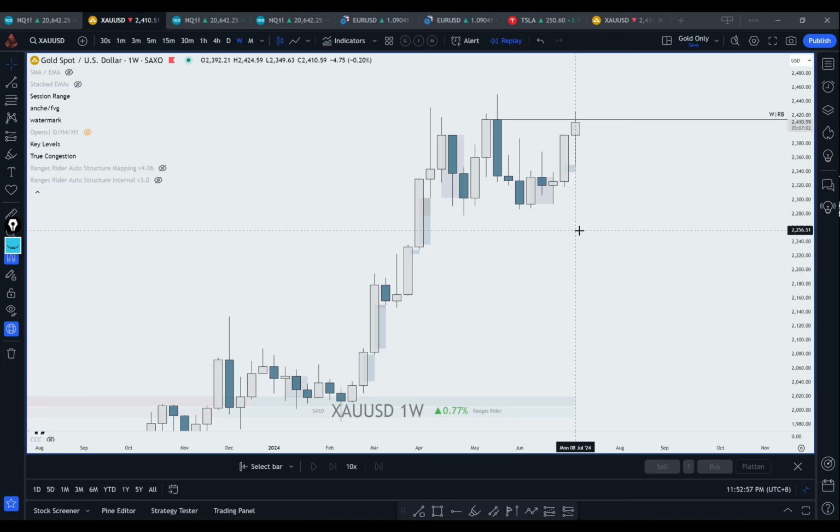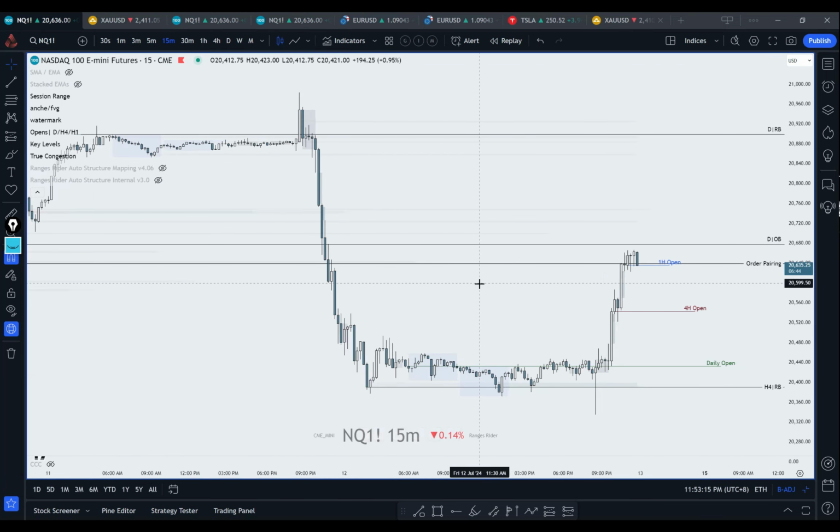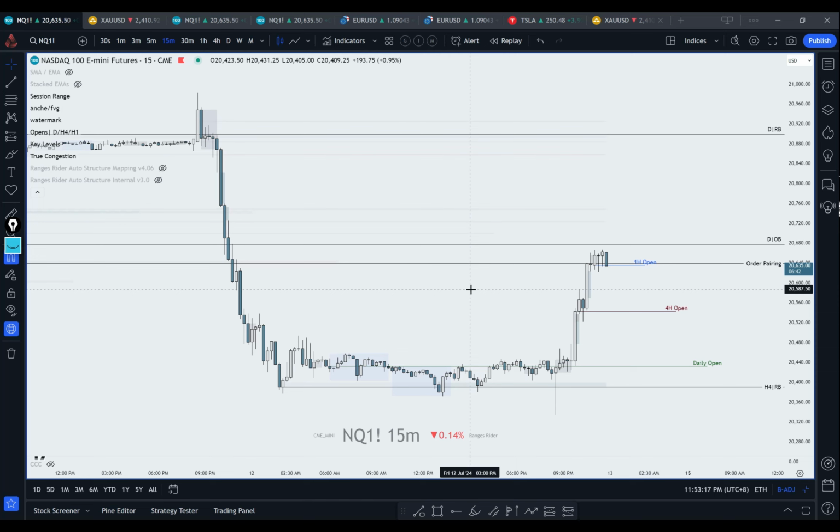Next week will be planned, and then maybe we will check the latest price action to see some latest levels, especially on gold only. And if someone is interested in Nasdaq, of course, this is my main trading instrument which I trade as a day trader.